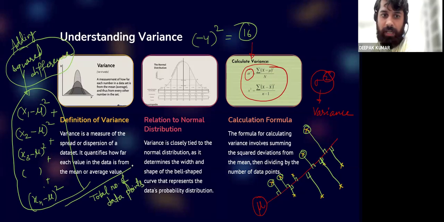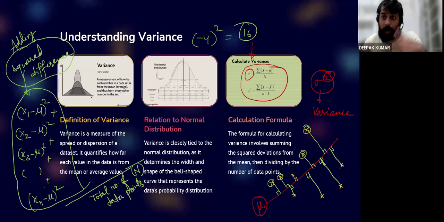Say suppose there are n data points, so you are dividing it by n. As simple as this. So this is the mathematical answer to variance. I tried to display the variance in two forms. One, a qualitative way, the bullseye. Second is a quantitative way, with the help of the formula.